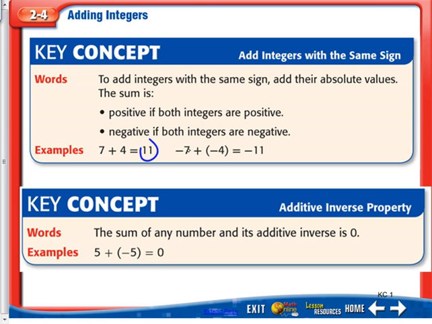Here I owe 7 and I owe 4, so I owe 11. And then here, the additive inverse: I have 5 and I owe 5. I'm saying the word "owe" every time I see a subtraction or a negative, and I'm saying "and" for addition. So I have 5 and owe 5, so that means I have 0.